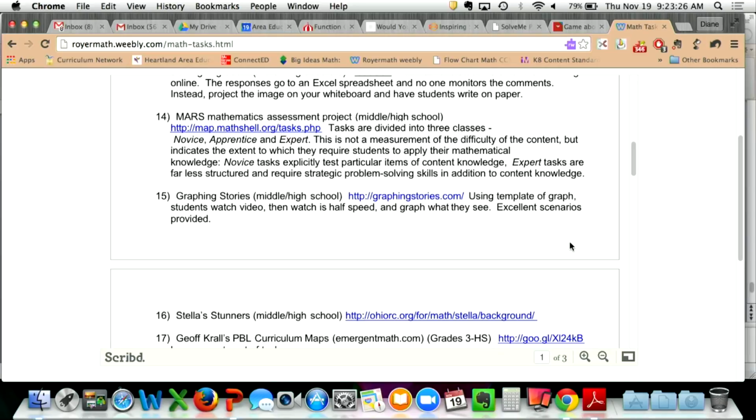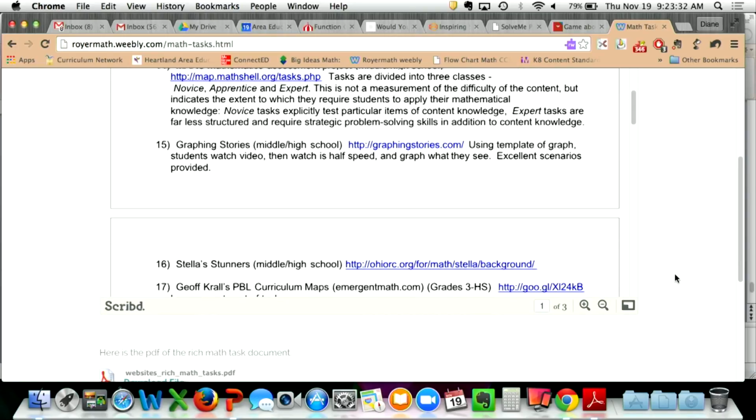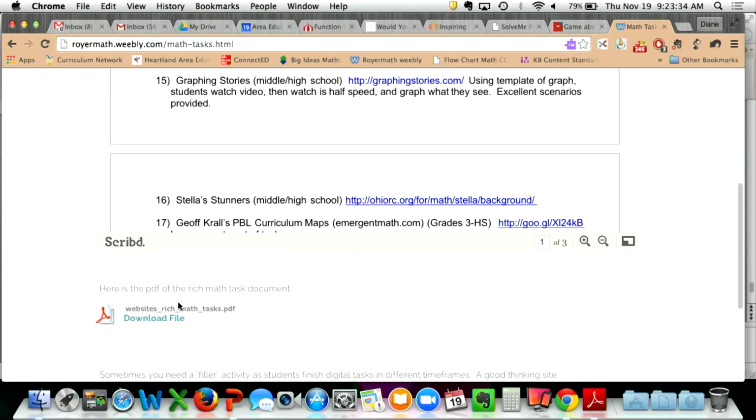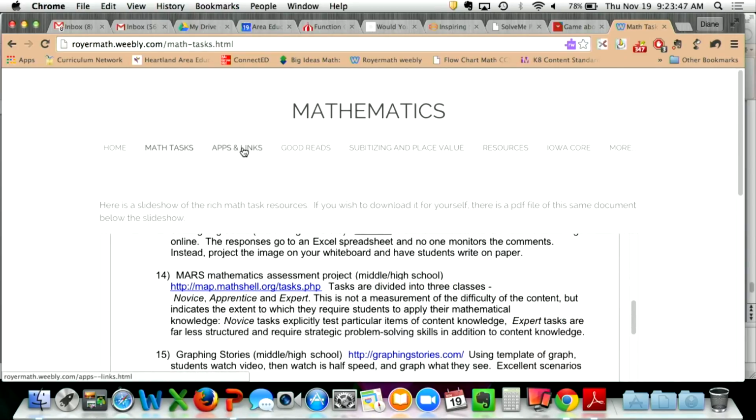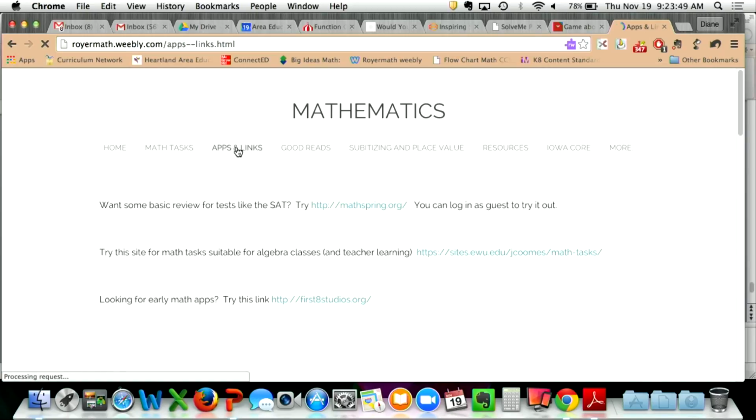These are not easy to copy or paste or click. So if you like to do that, which is me, directly below the document is that PDF you can download and save to your own resources. I'm consistently working on this website, adding things as I find them. There's more than math tasks in here. I have apps and links.